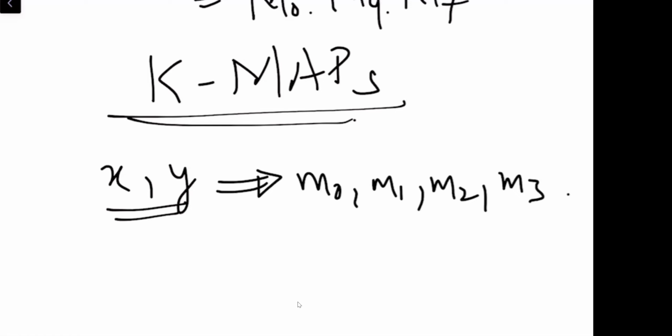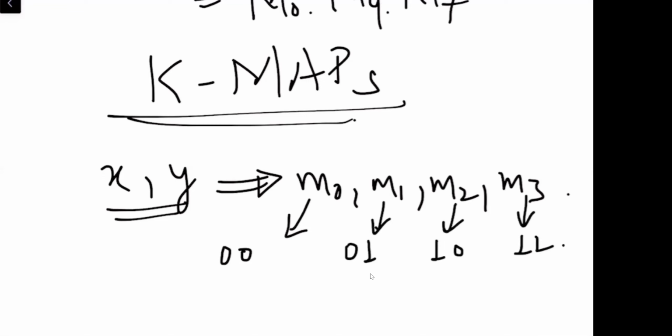Yes. So m of 0 is representing 0, 0. M of 1 is representing 0, 1. M of 2 is representing 1, 0. And M of 3 is representing 1, 1. Now, M of 0 is taken as x complement, y complement.